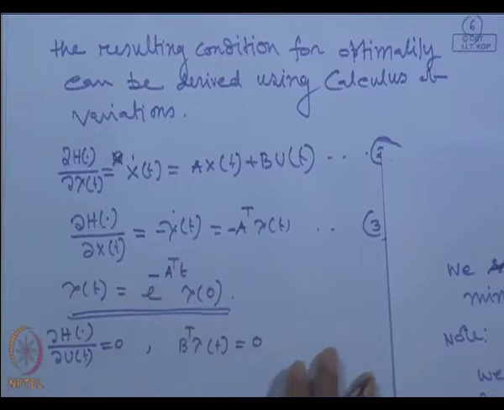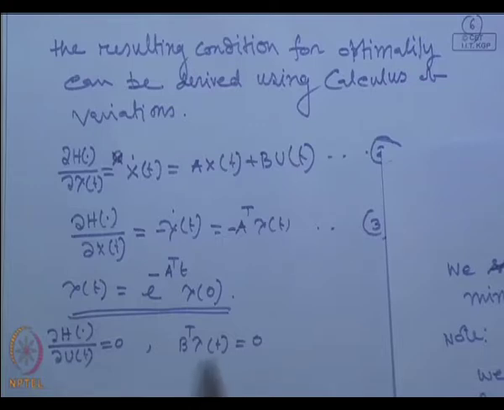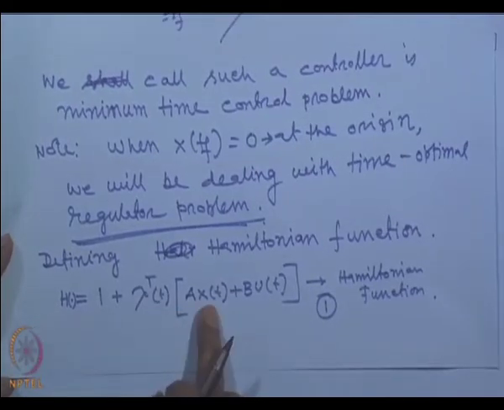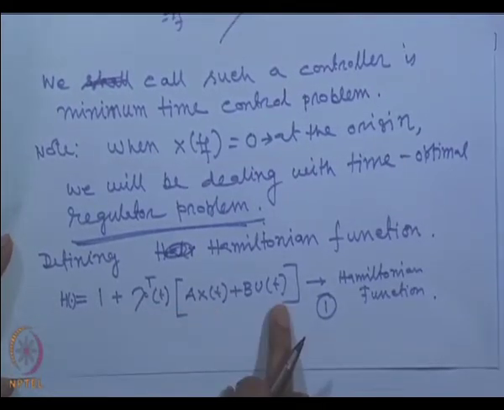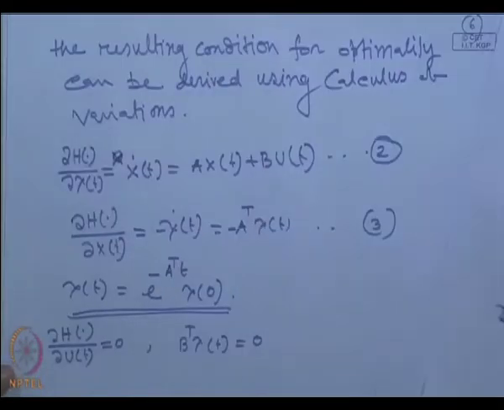Now you see this does not contain u, so we cannot find it this way. Why does it not contain u? Because the Hamiltonian function is a linear function in u, there is no quadratic function of u. So this we cannot handle this way.